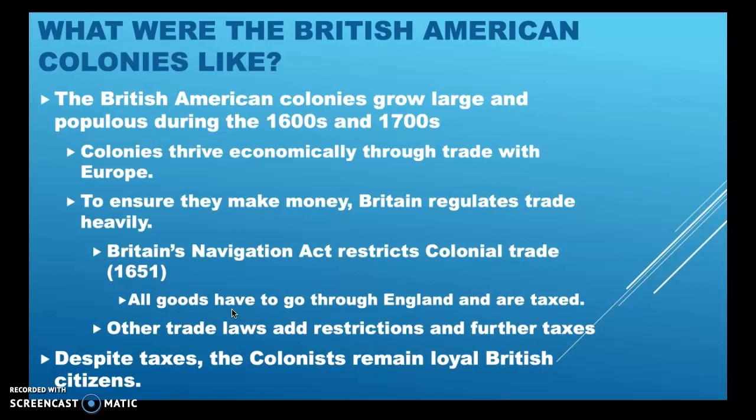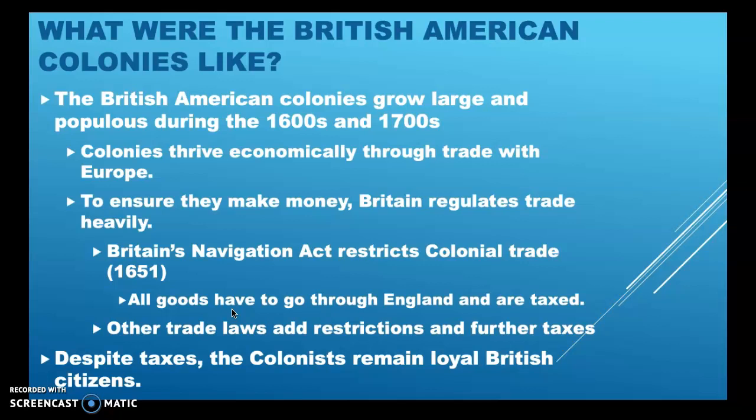There was this increase in population, increase in prosperity, and this allows a new sense of identity to be growing in the colonists' minds. They begin to see themselves as less British and more as Virginians or Pennsylvanians. They're still British subjects, and they're still expected to obey British law. However, they're beginning to want their own identity, their own individualism.